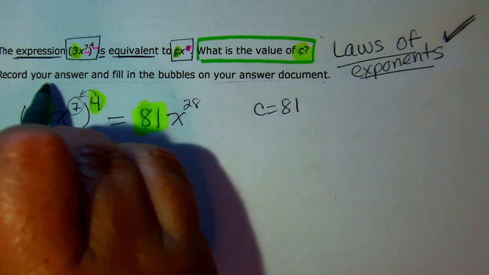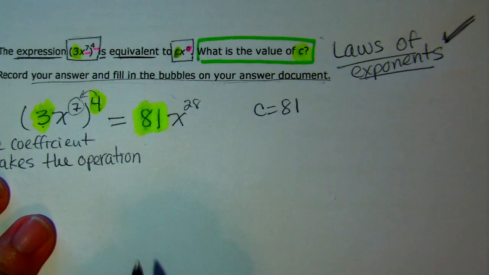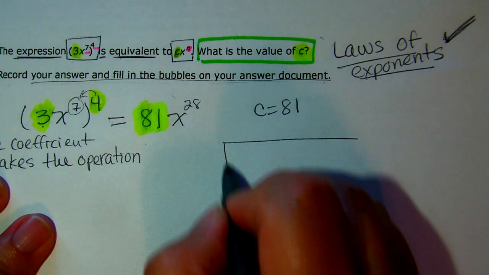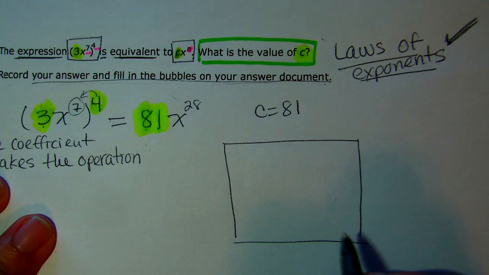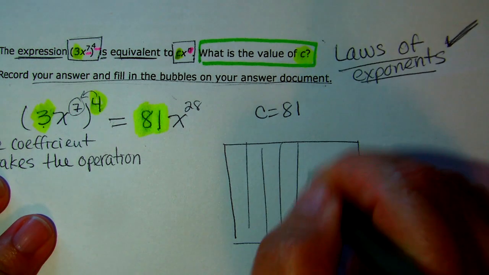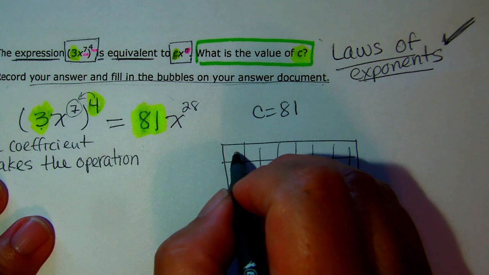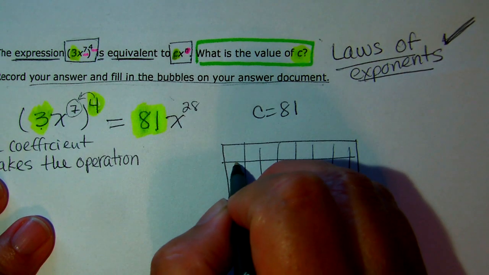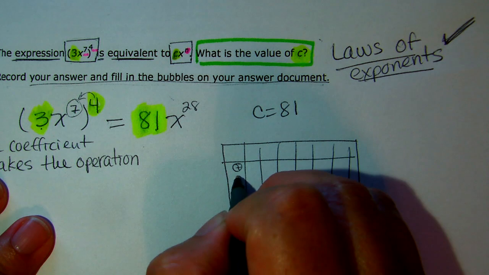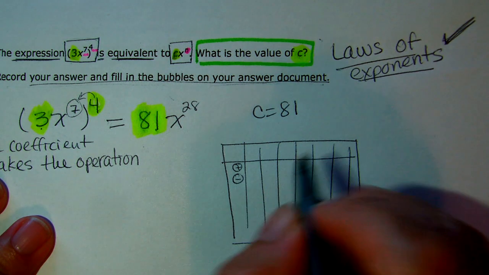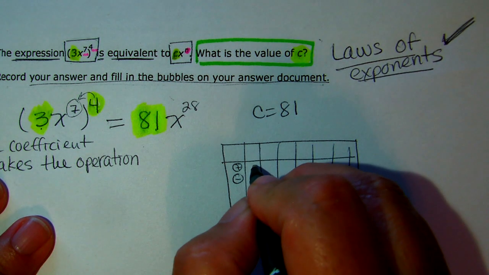Now, what does it mean about this, the bubbles? You're going to have a box like this, all right, with columns and digits. So first of all, you're going to have the plus and the minus. I don't know if in that order. And then you have the digits.